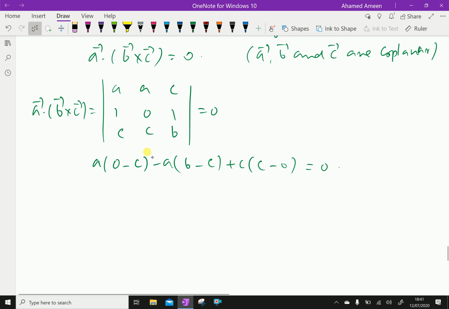Therefore, expanding: minus ac minus ab plus ac plus c square equal to 0.